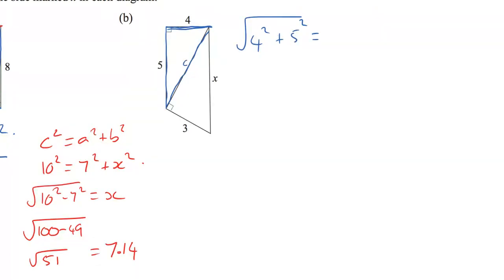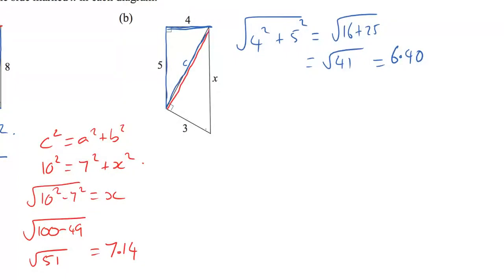I'll call it C again. That is the square root of 16 plus 25, which is the square root of 41. Typing that into the calculator, that comes out at 6.40.